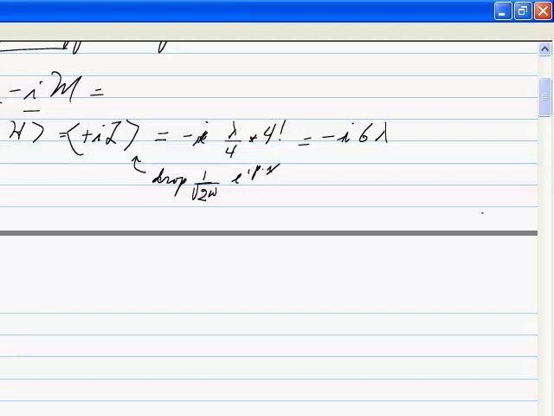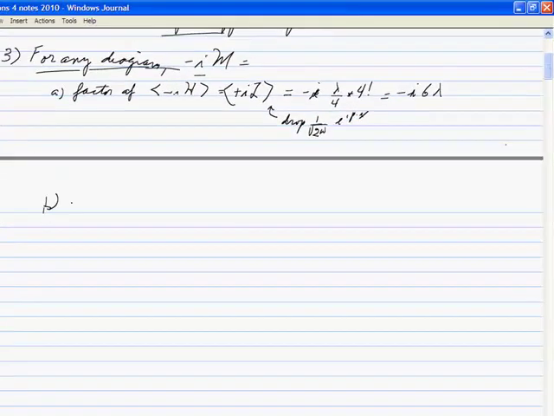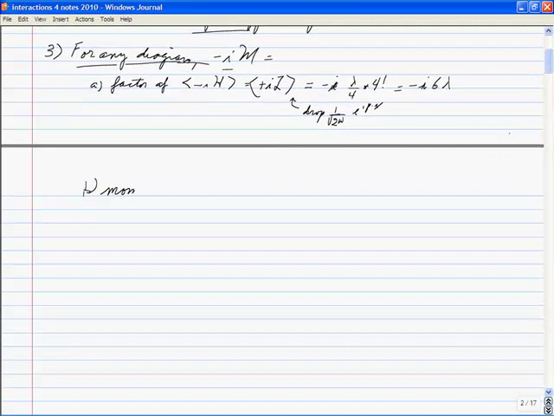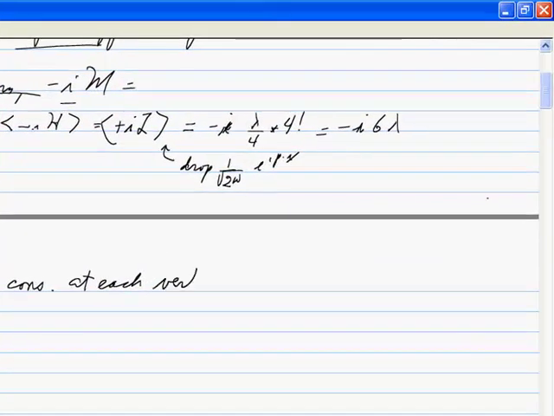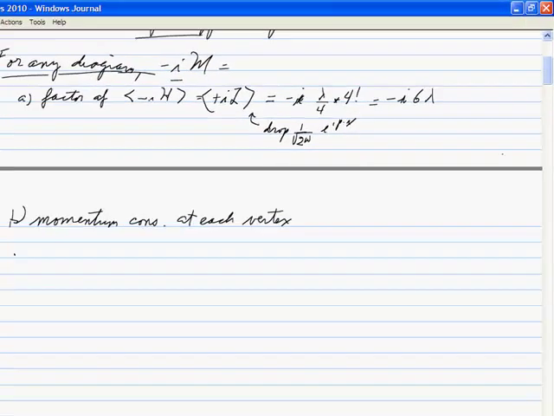The reason this happens is because the time development operator has minus i Hamiltonian in it. The next thing you do is there's momentum conservation at each vertex. We've already seen that once. We'll see it again today in our calculation.